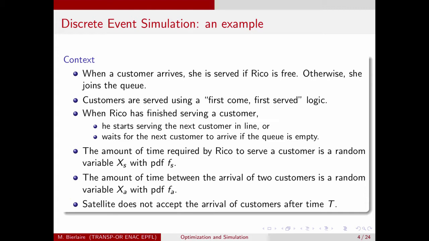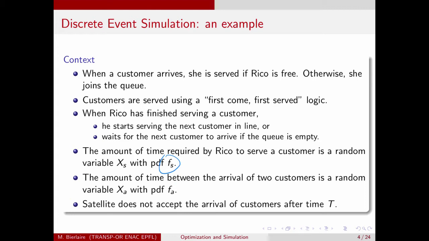Now, Rico claims that he can serve one customer per minute on average, but clearly, depending on the request of the customer, this time will vary randomly. And we will capture this randomness by the random variable XS that will represent the amount of time that Rico needs to serve a customer. And this random variable XS has a PDF, FS. S stands for service. Then we need also to model the time between two customers arriving in the bar.